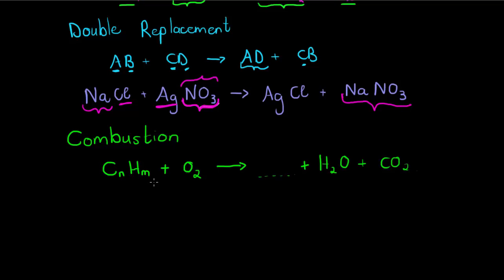In a combustion reaction, there might be more products, but we will always have some carbon hydrogen compound and oxygen on the left hand side. On the right hand side we must have both water as well as carbon dioxide, and this will be a combustion reaction.